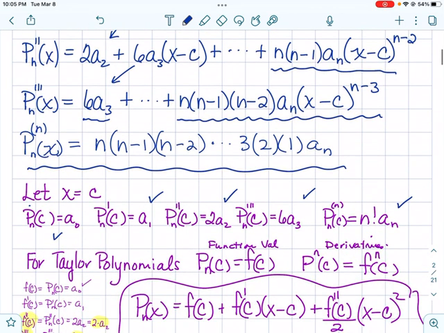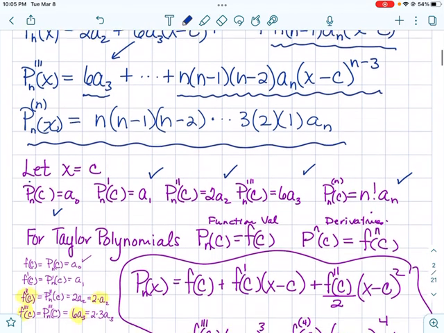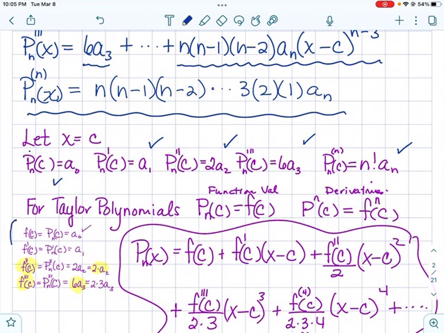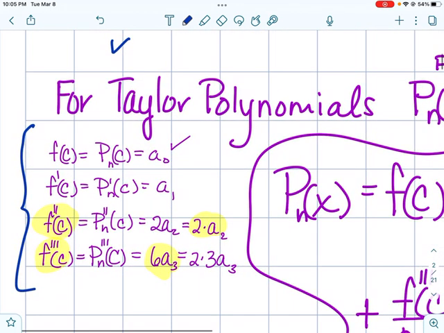Okay, so for Taylor polynomials, you can see that what we want is we want f of c. I'm going to zoom in on this. F of c, we want it to be equal to, we want the graphs to have the same shape. So if we have a graph that goes something like this, right? We can kind of picture our graph, like say this is our c value right here.